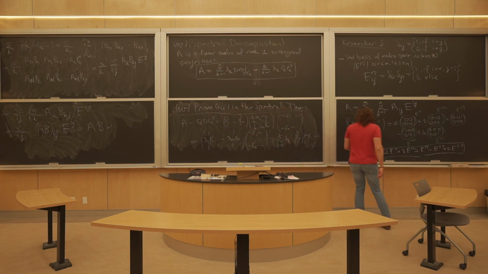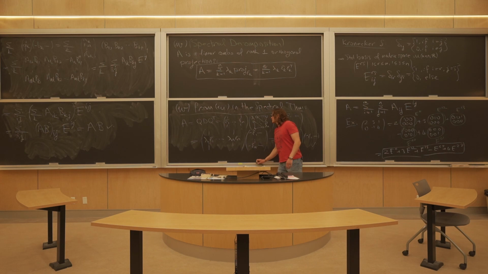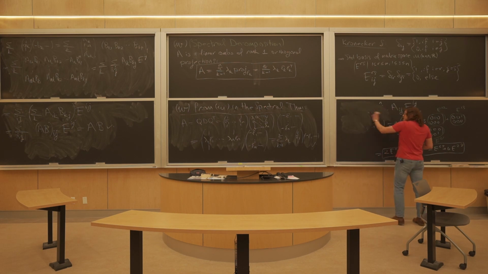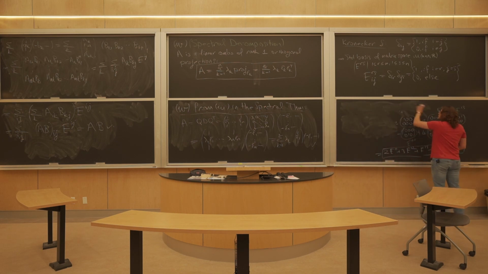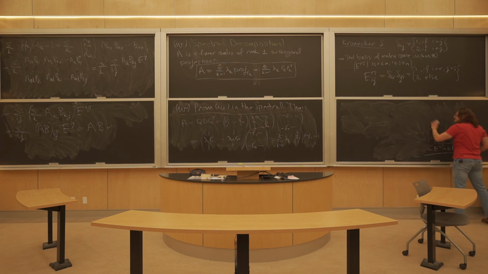Just to verify that these e_i e_j products don't vanish, when you do this outer product, you can think of it like this. In 2 dimensions, I can take the standard basis.